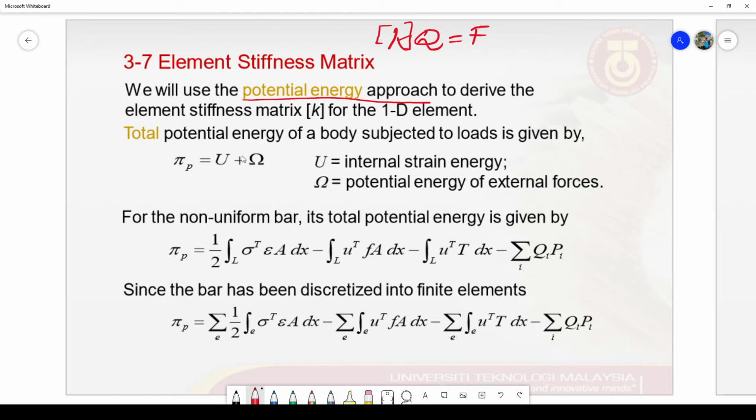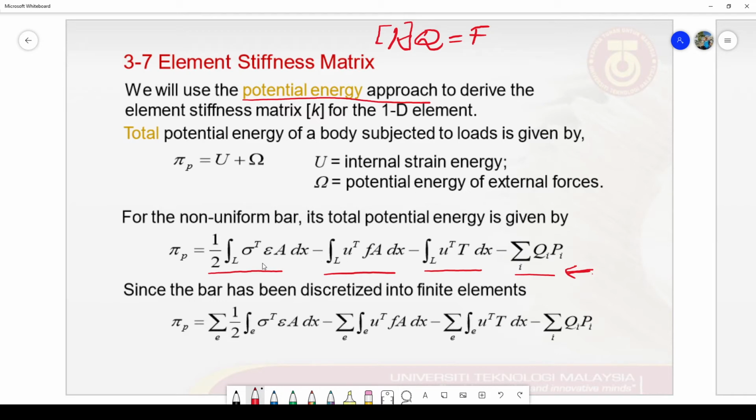If we expand this equation for both internal and potential energy, then we will get these equations, where we have four terms on the right hand side of this potential energy equation.